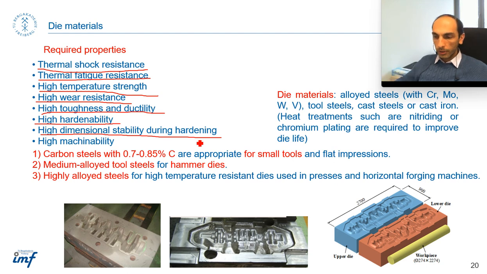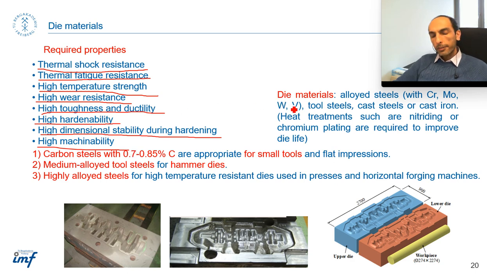The heat treatment usually is the final stage, followed at most by polishing or finishing. So if the material shows low dimensional stability during the heat treatment, then the die will be distorted and you cannot use it. And finally, high machinability. Of course, you should be able to machine the die easily.